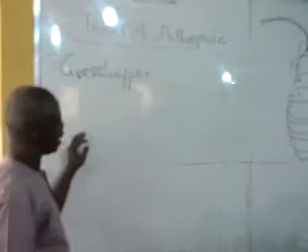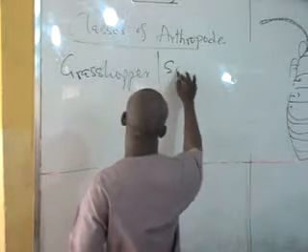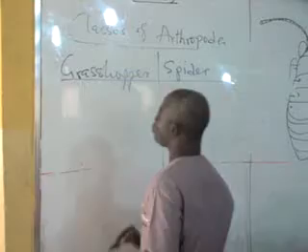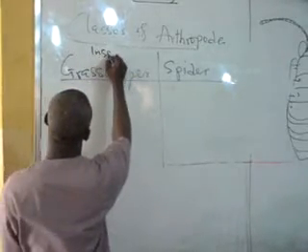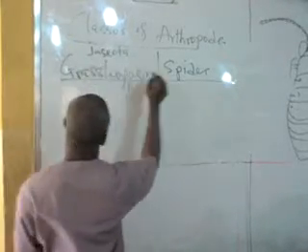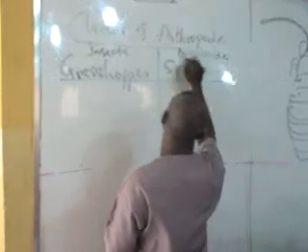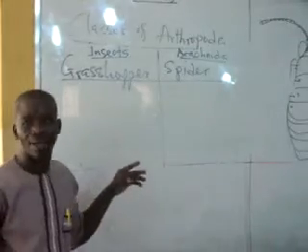Let's look at grasshopper and our spider. So if we have these two organisms, one belonging to Insecta and the other Arachnida, we use this same principle for organisms belonging to all other classes.